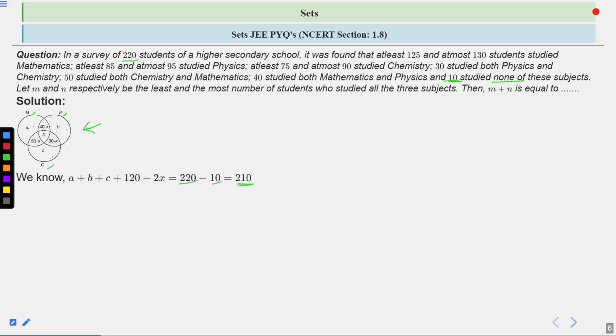Okay. Now adding all: a plus b plus c plus 40 minus x plus 50 minus x plus 30 minus x, what you will get is a plus b plus c plus 120 minus 2x. Clear? Which is equal to 210.